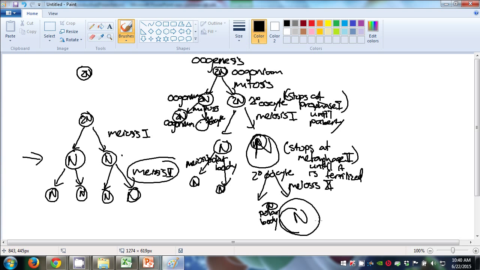And this one is going to be called the ovum. We're done with the secondary oocyte. Now it's the ovum. And when the ovum is fertilized with the sperm, sperm plus ovum equals zygote.